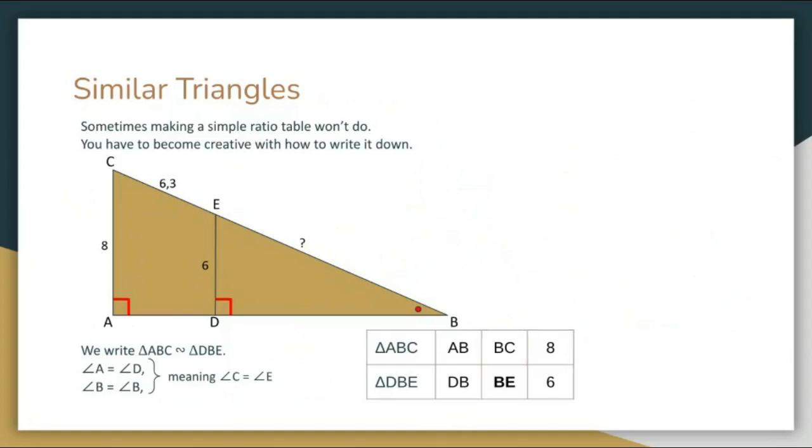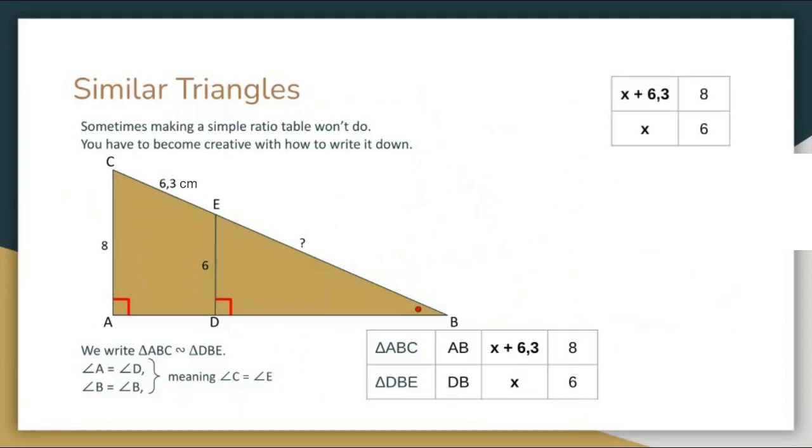You see, you could say that BC is 6.3 centimeters bigger than BE. So if we set BE equal to x, then BC is equal to x plus 6.3. And now we have this ratio table. This kind of cross multiplication is also something you needed to know in paragraph 2.1. So I expect you to be able to solve this.